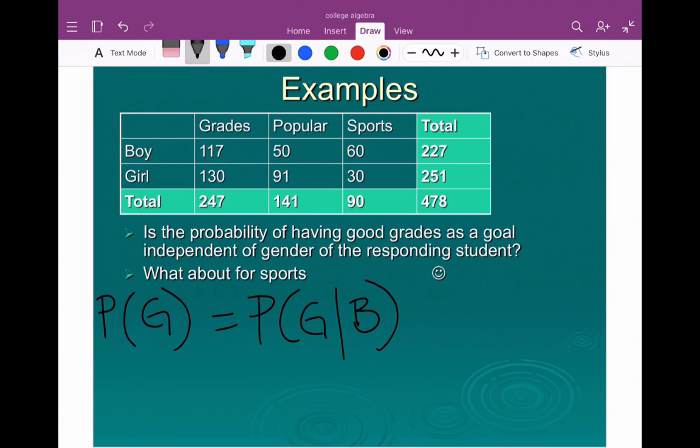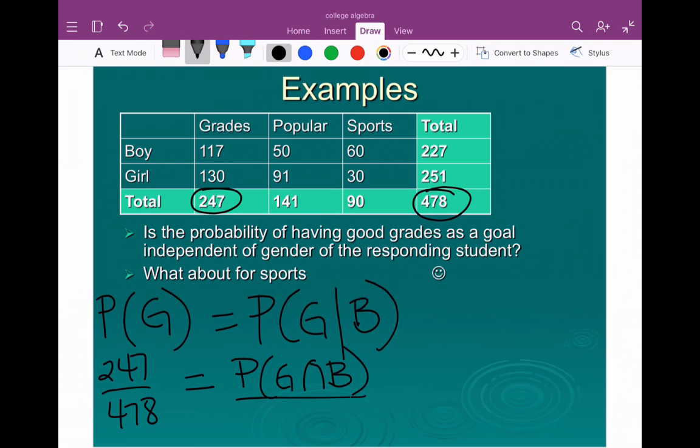The probability of getting good grades is 247 out of 478. And if they're independent, that should equal the probability of having good grades given you're a boy, which would be the probability of good grades and boy, all over the probability of boy.